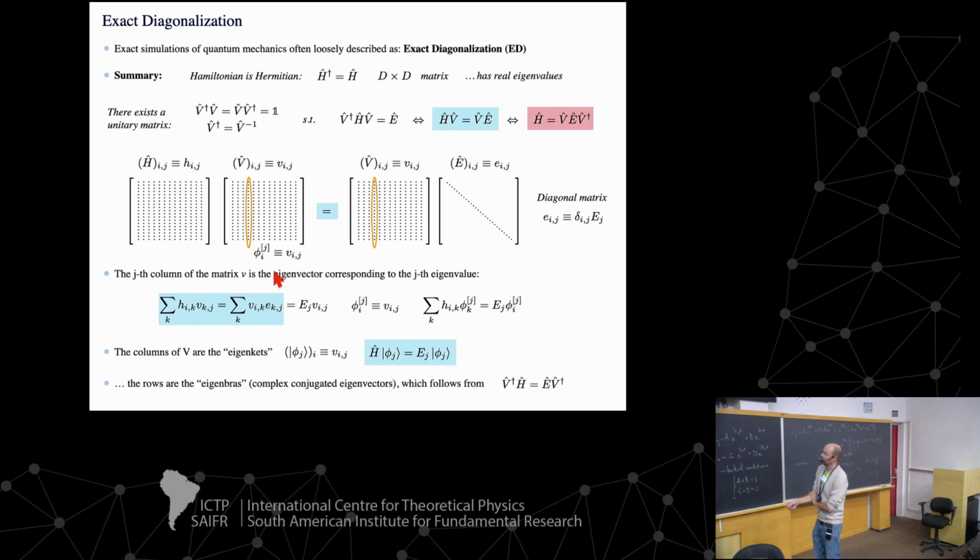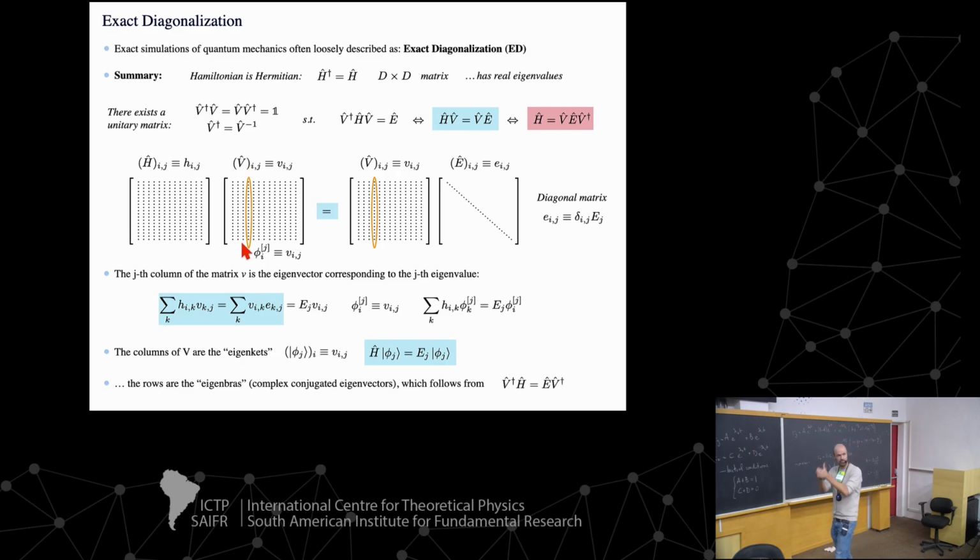And the matrix multiplication says that I multiply over one index which is common to the two, so I multiply the column index of the first matrix with the row index of the second matrix. So this is really the matrix multiplication. And now if I do this math here, then I can see the j-th column of this matrix here.